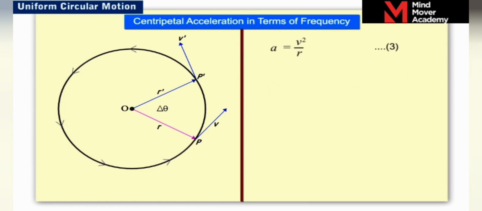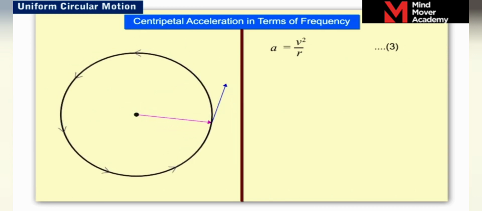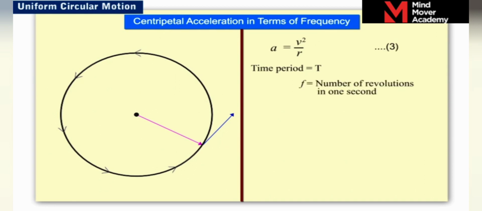Now, let us find the centripetal acceleration in terms of frequency. Time taken to make one revolution, that is, time period, is t. Frequency f is the number of revolutions in 1 second. Therefore, f is equal to 1 by t.